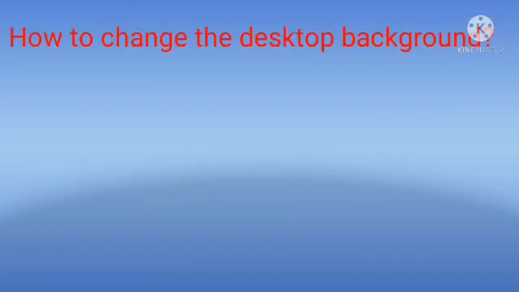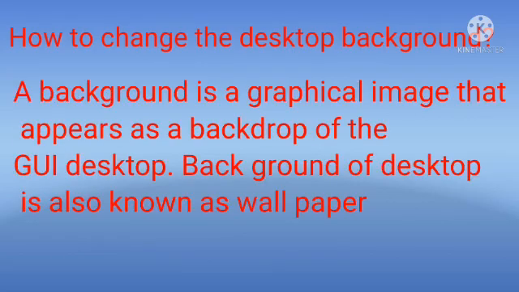Students, you know that when the desktop is displayed on the screen with a color or picture, that is called the background of desktop. So what is a background? A background is a graphical image that appears as a backdrop of the GUI desktop, which means background is a graphical image or picture which can be changed according to the user's interest. Background of desktop is also known as wallpaper.